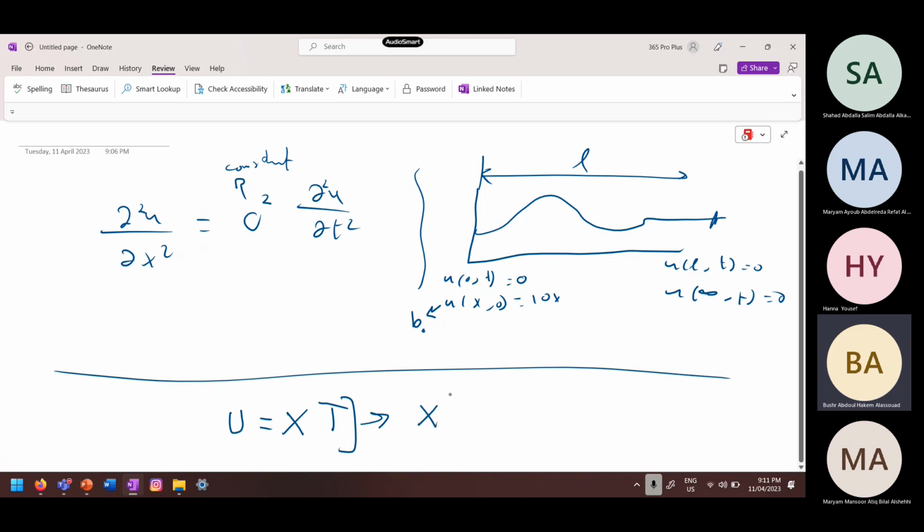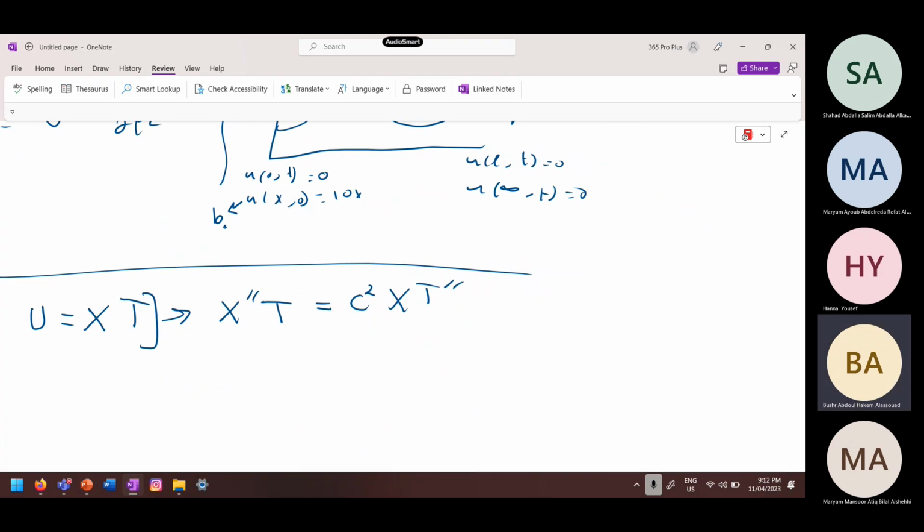So this will give you X double prime T is equal to c squared, which was just a constant, doesn't change. And partial u squared over partial t squared means that we're going to differentiate with respect to t twice. So it's going to be X T double prime. Okay.